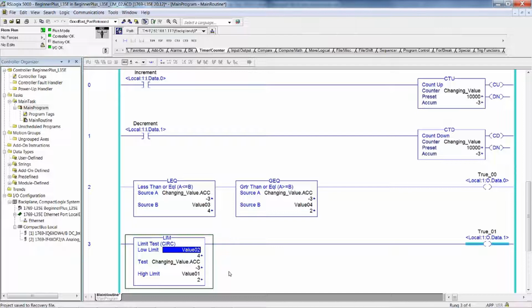There is only one value that the limit instruction can be false. But you could open it up to make the low limit -5 and the high limit 20. It's going to exclude everything in between, but true for everything except what is in that range between that negative value and that positive value.